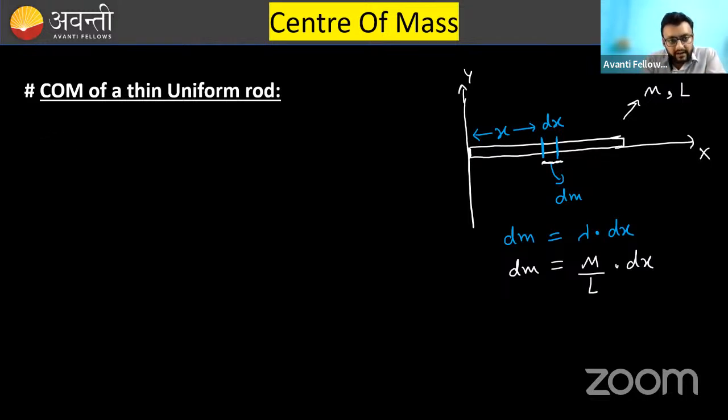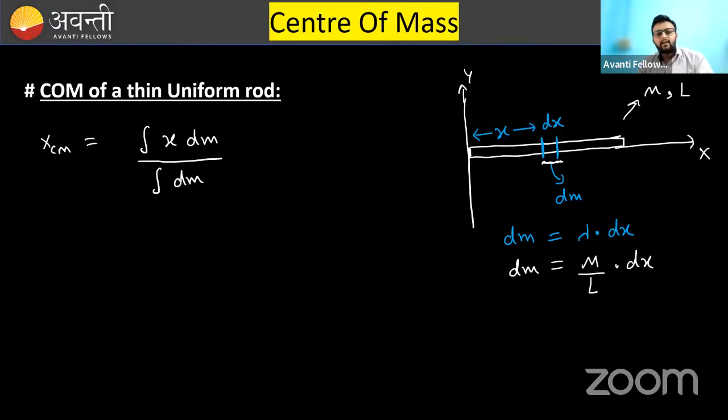Now, locate the center of mass. The x coordinate of the center of mass will be integration of x dm divided by integration of dm. This is the formula that we have studied.